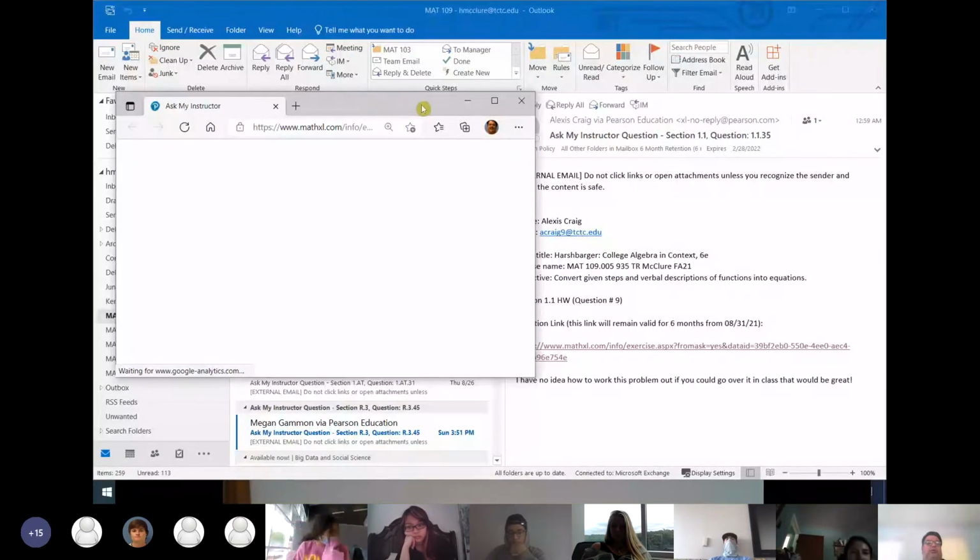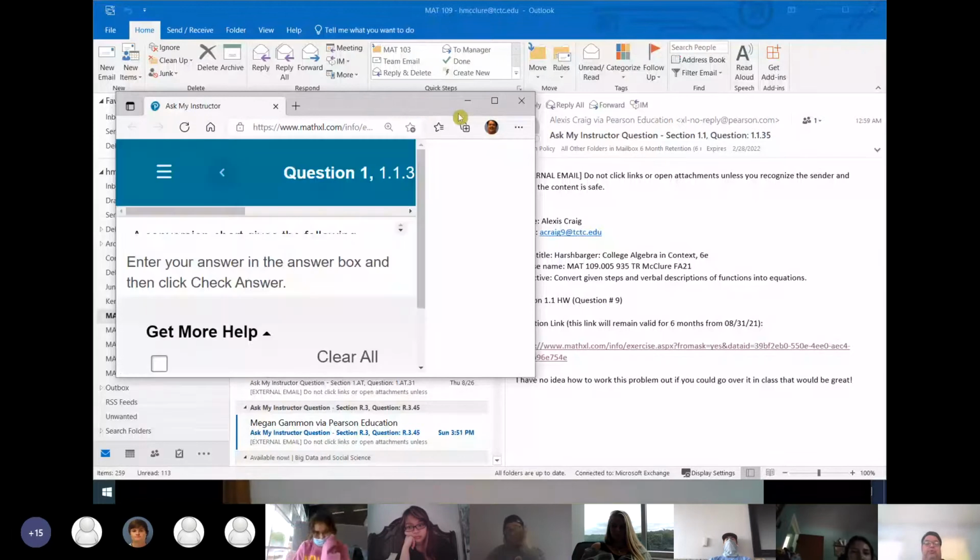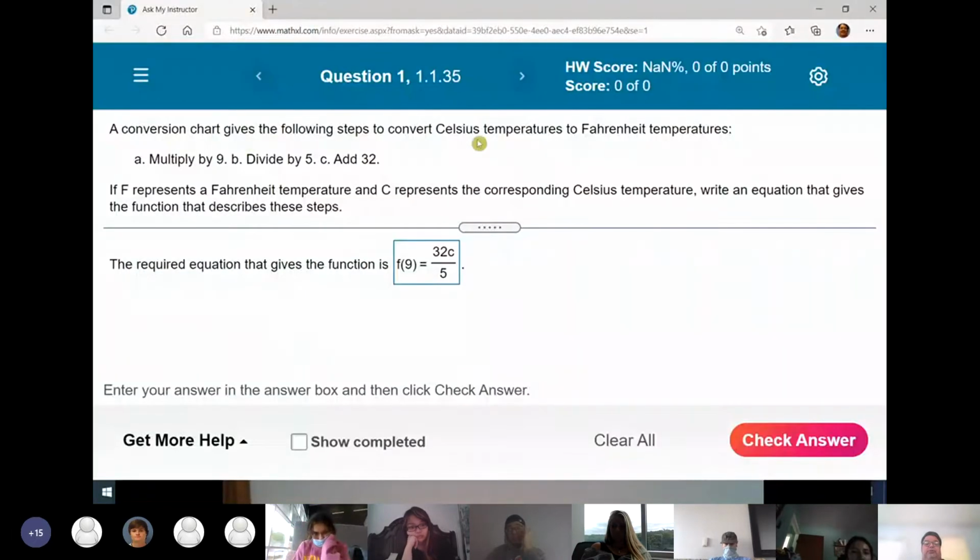A conversion chart gives the following steps to convert Celsius to Fahrenheit, multiply by 9. Okay, this is not a test question. This question is designed to confuse the student, all right? Because this is not a test question I would use.